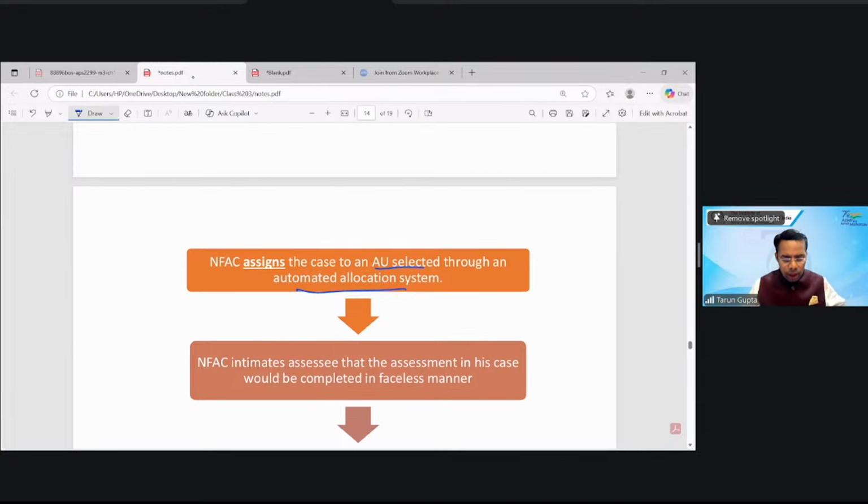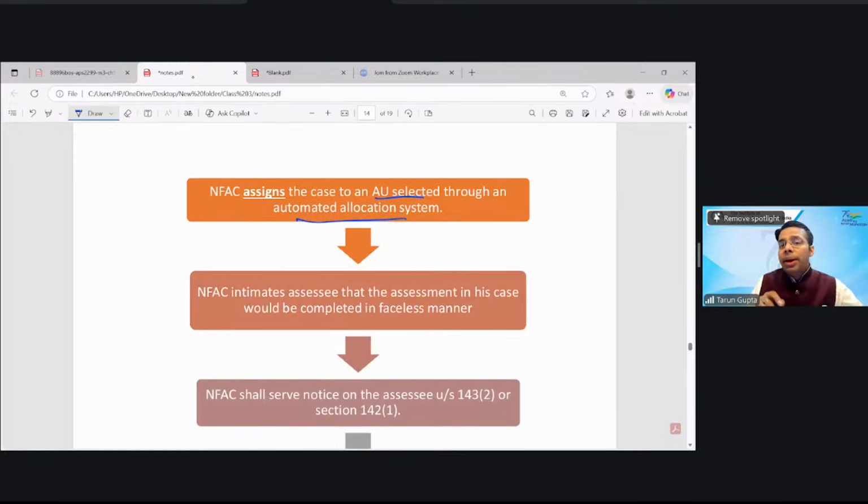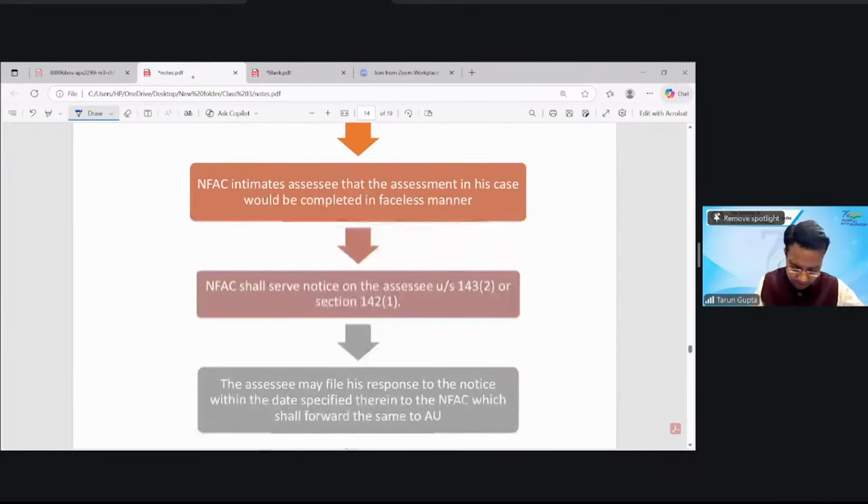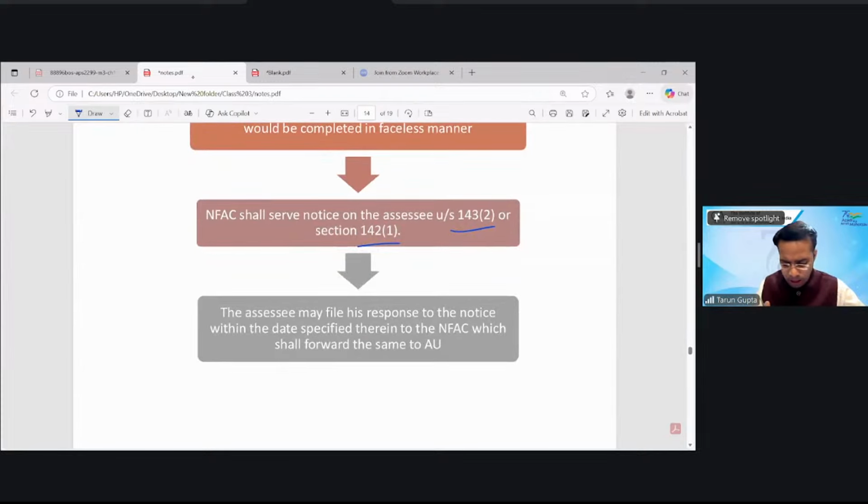Then NFAC intimates the assessee that the assessment shall be conducted in a faceless manner. Then NFAC itself serves a notice under section 143(2) or 142(1), as the case may be, on the assessee. The assessee may file his response to the notice within the date specified to NFAC, which shall forward the same to the AU.